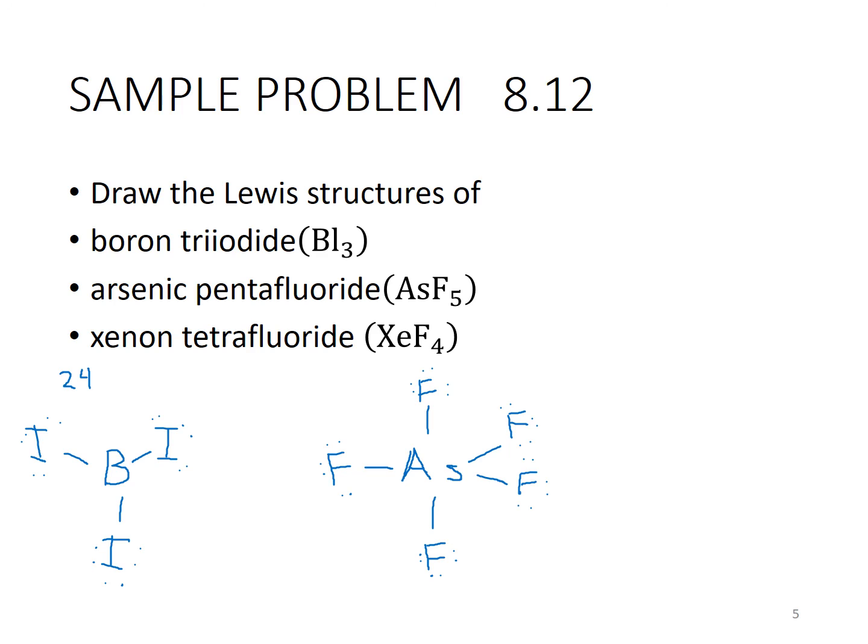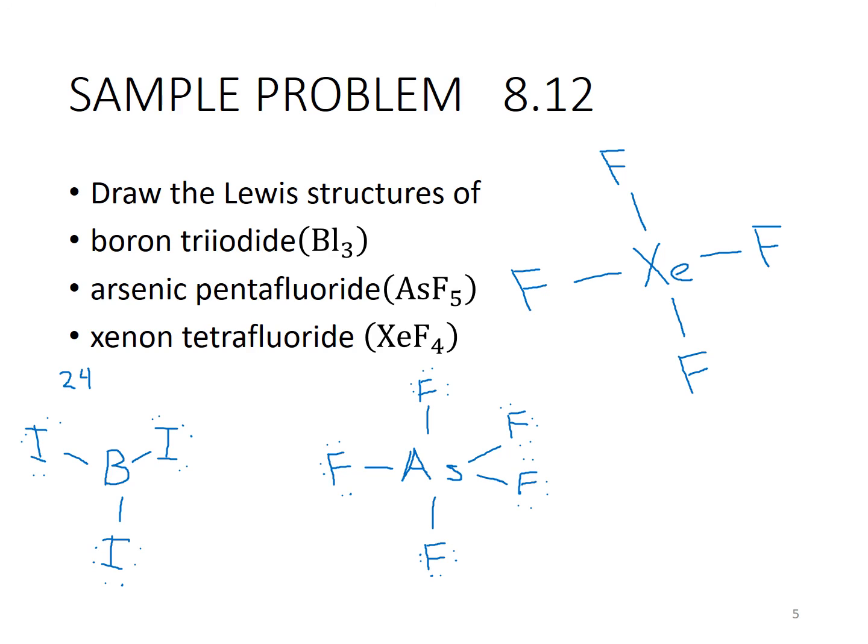Okay. All right. Xenon tetrafluoride. Okay. So xenon isn't automatically breaking the octet here because it only has 4 bonds, which is a good start. All right, so how many valence electrons do we have?